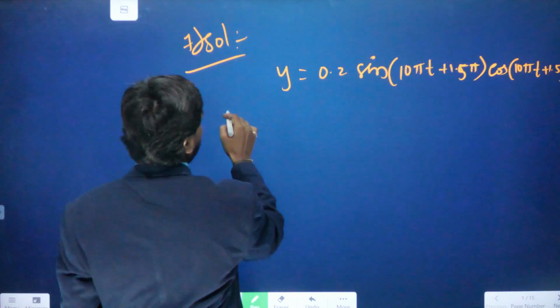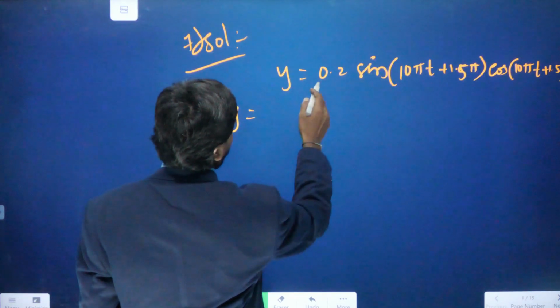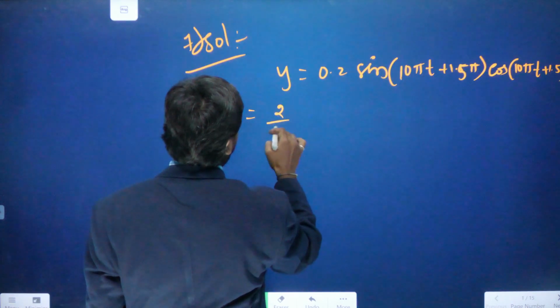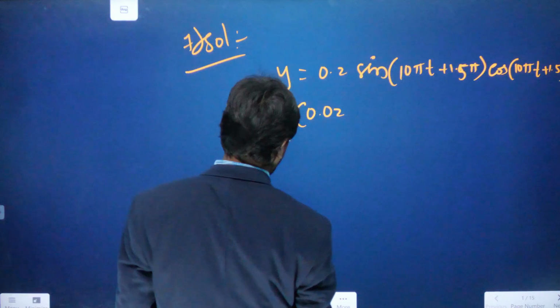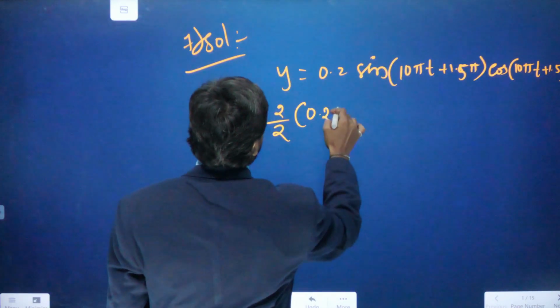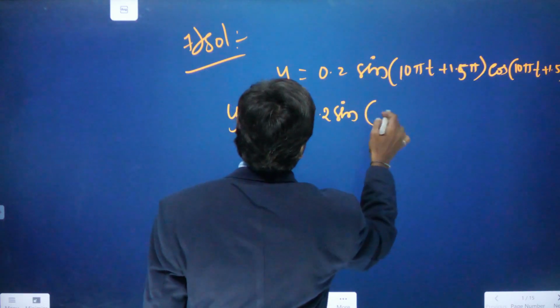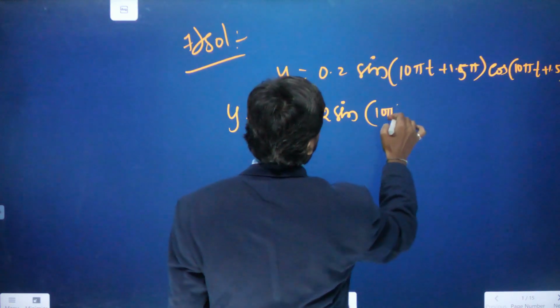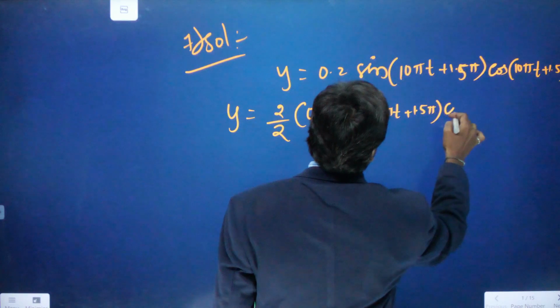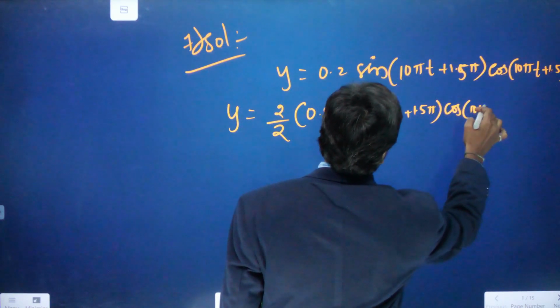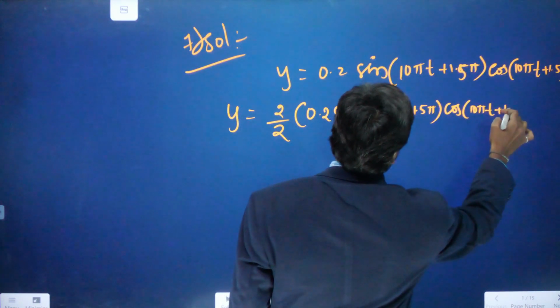Then here, y is equal to, if you multiply by 2 and divide by 2, it will be 0.2 sin of (10 pi t plus 1.5 pi) cos of (10 pi t plus 1.5 pi).